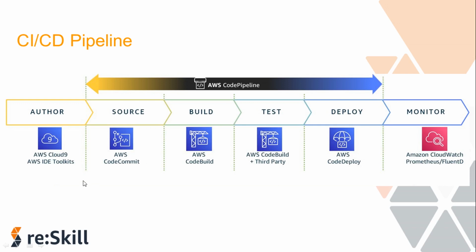CI is continuous integration, which is a software process in which developers regularly push their code into a central repository, which can be AWS CodeCommit or GitHub. Every code push triggers an automated build followed by the running of tests. The main goal of CI is to discover code issues at an early stage, improve the code quality, and reduce the time it takes to validate and release new software updates.